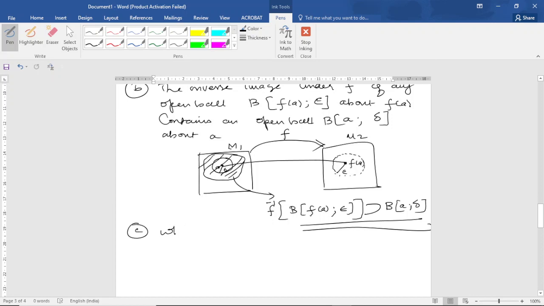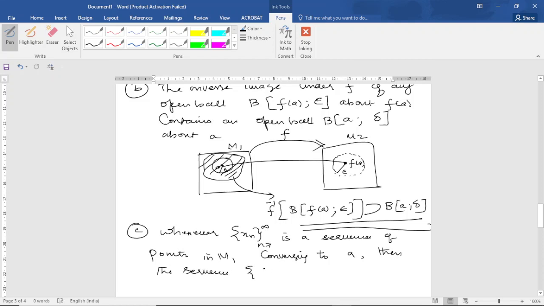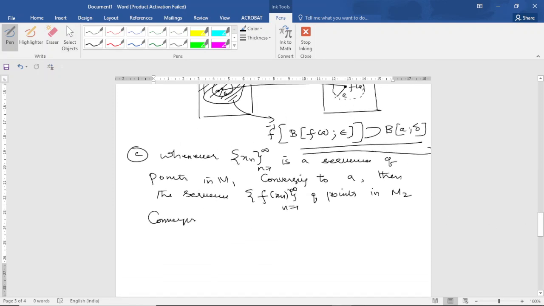So now another one, the statement C is: whenever xn is a sequence of points in M1 converging to A, then the sequence f of xn of points in M2 converges to f of A. This statement we have proved for real valued functions in the previous sections.